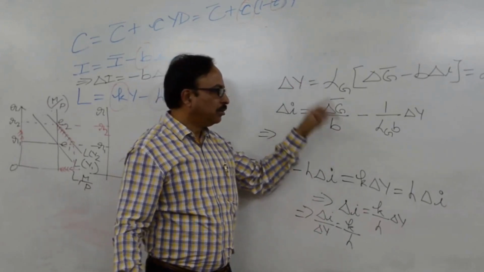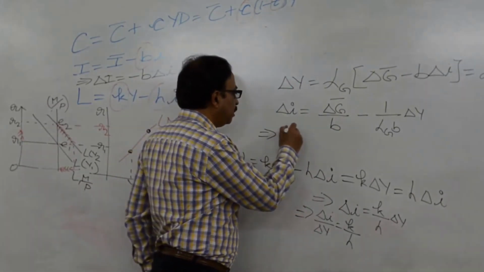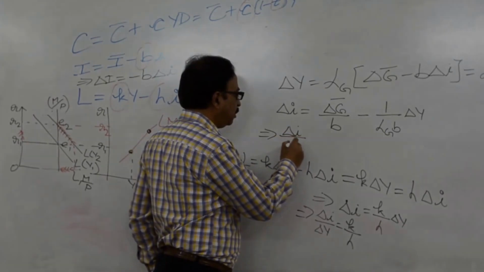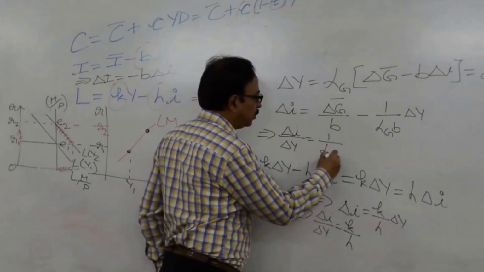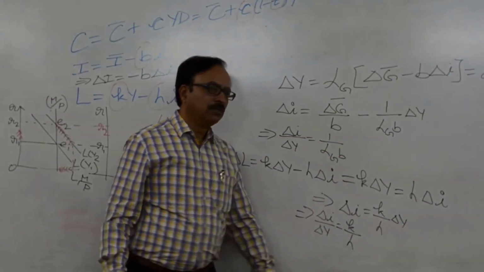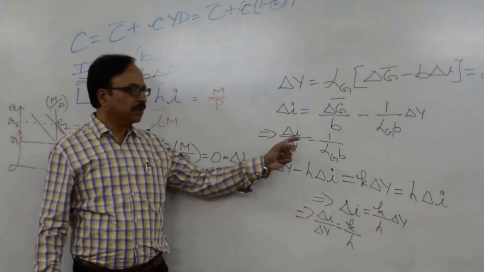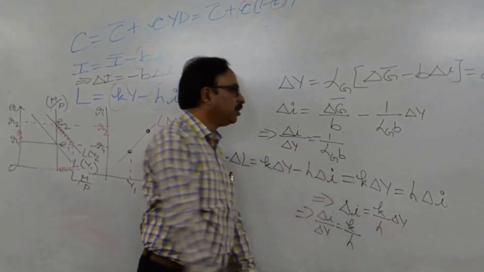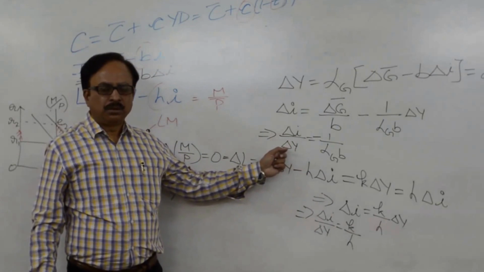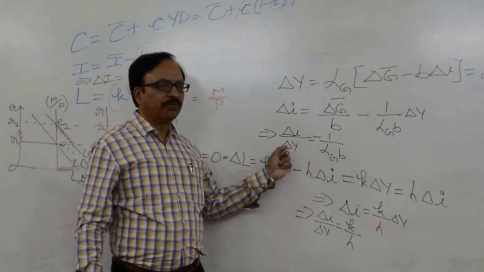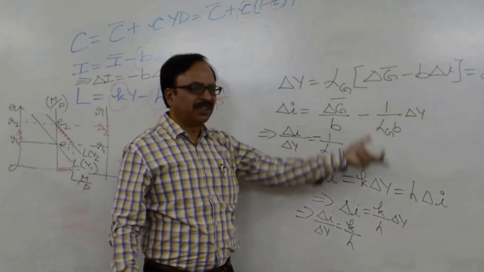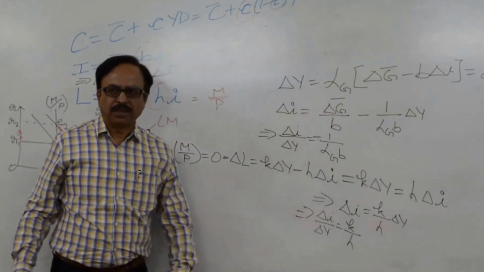Alright, so we can do away with this. Now this is the slope of the IS. This is minus. This is the slope of the IS. Again, we have divided from the diagonals.